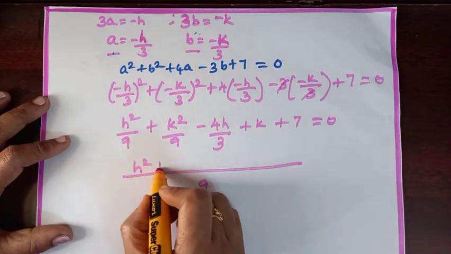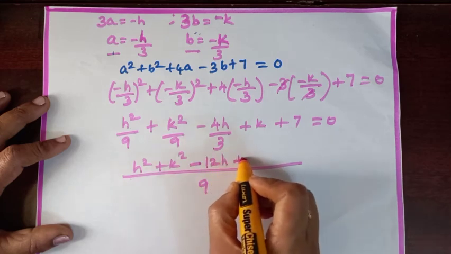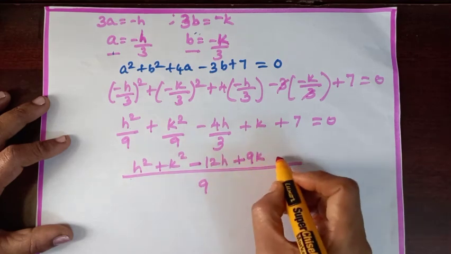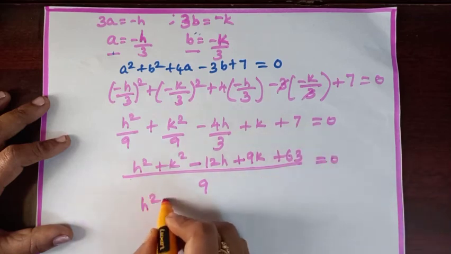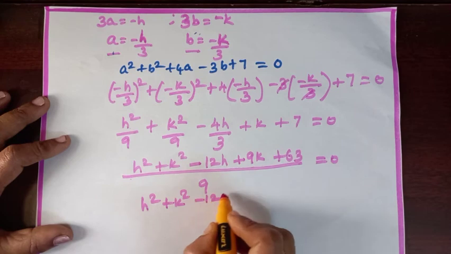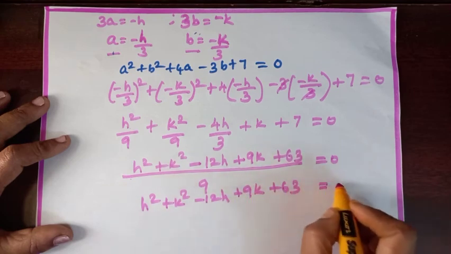h square plus k square minus 12h plus 9k plus 63 equal to 0.